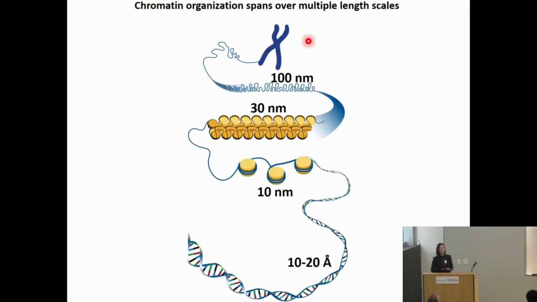As you already heard, DNA is this very large biopolymer that needs to be compacted inside the tiny space of the nucleus, and that compaction happens in the form of chromatin.